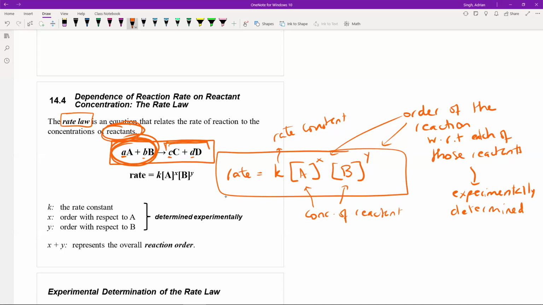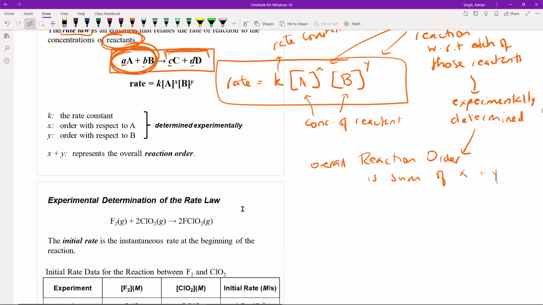If we sum together the orders of the reaction, we end up with the overall reaction order, the sum in this case of x and y. So we've introduced a few terms here, and we're going to take a look at how we can experimentally determine this particular rate law.